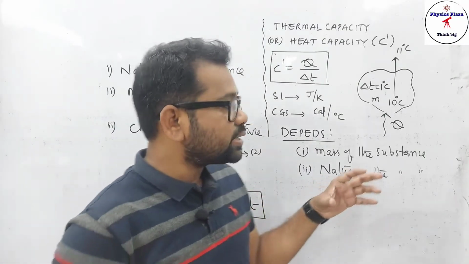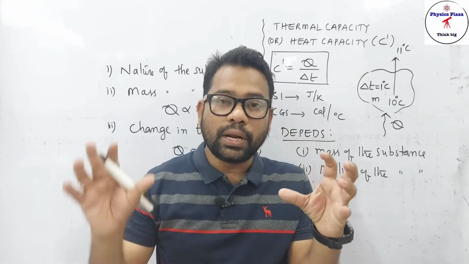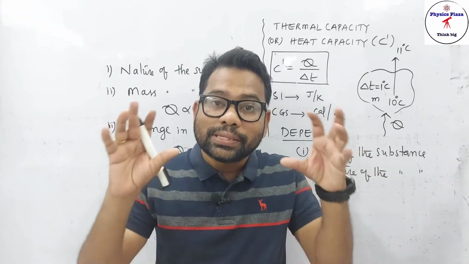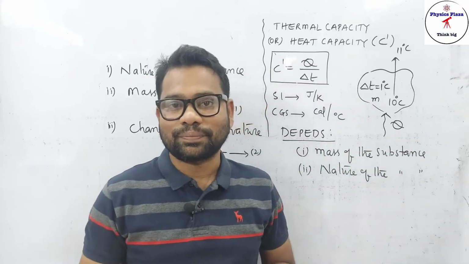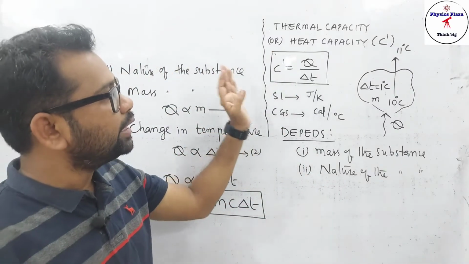And how can we understand this mass of the substance? For example, you can take 10 grams of copper and 100 grams of copper. Both have the same nature, but as they are different in mass, they will have different thermal capacities. Is that clear? So, this is about thermal capacity or heat capacity.